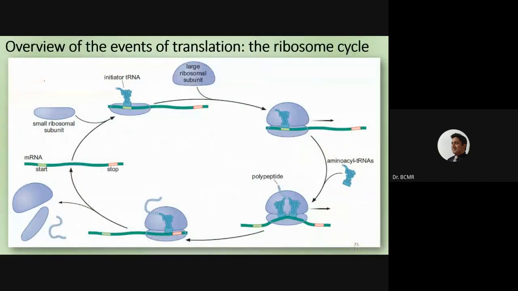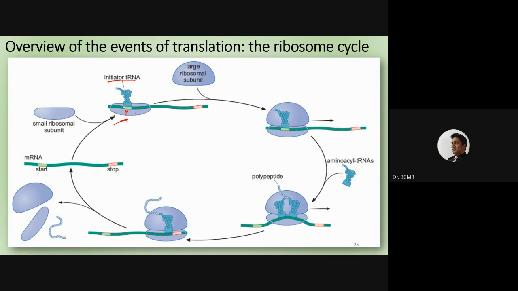As an overview of translation, we will have it in three pieces: initiation, elongation, and termination. Initiation happens here. The small ribosomal subunit comes and binds to the mRNA, the initiator tRNA binds at the P site, and then the large subunit attaches and makes a full ribosome.